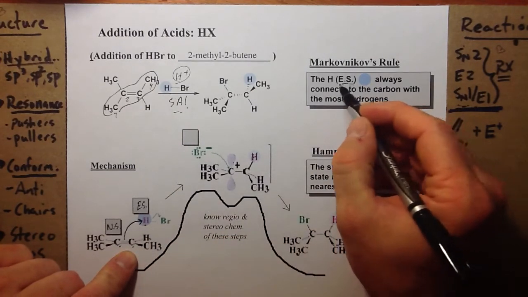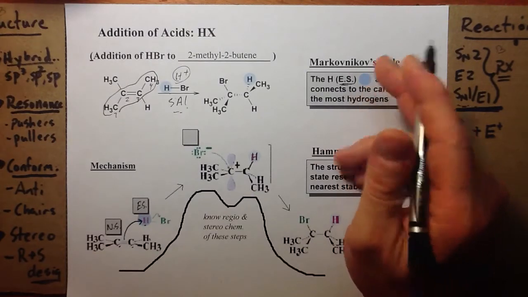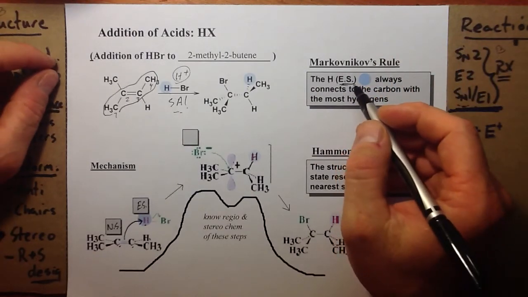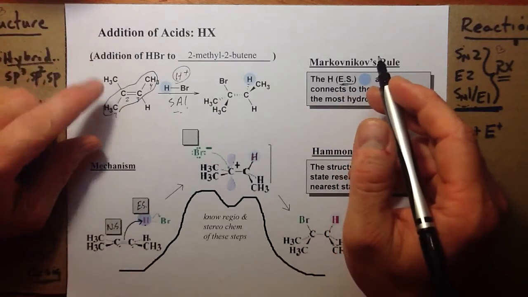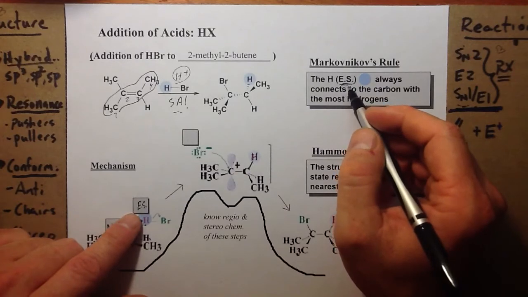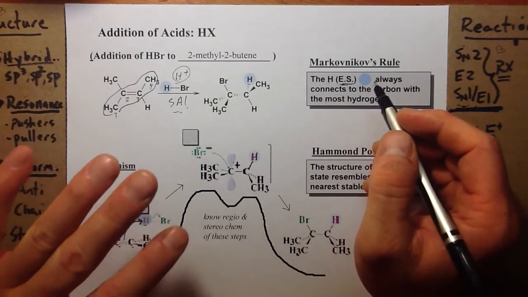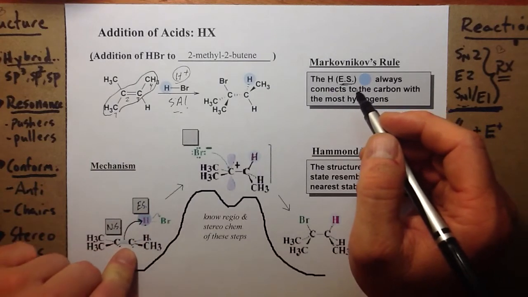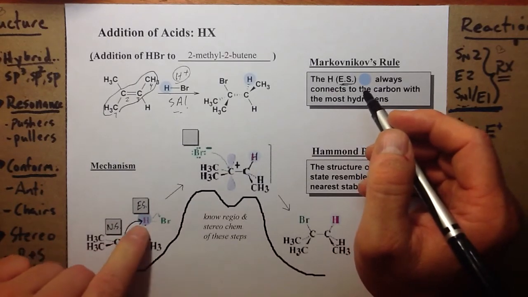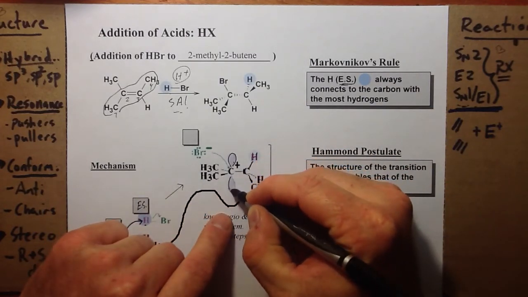And we can be more general in this rule and use it in a broader manner. We can just say the electrophilic site. Whatever the electrophilic site is that this alkene goes out and attacks, we always put the electrophilic site on the carbon with the most hydrogens. It's really not because of this carbon having any more nucleophilicity to attack the proton. It has to do more with the positive charge that's left behind.